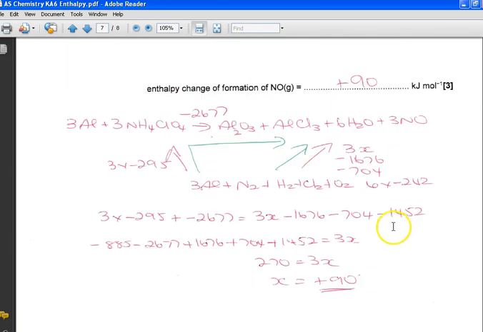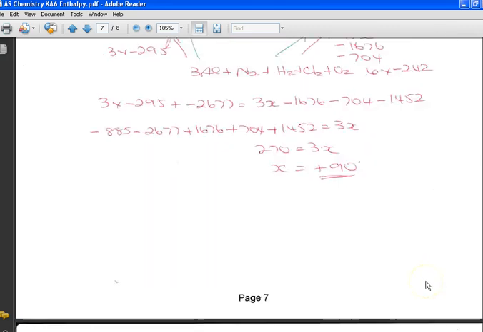But you're being asked for NO, and so this is three times the enthalpy change of formation, because there are 3 moles of NO. As long as you remember that, and you've got your Hess cycle the right way around, because it's formation data, write your calculation out, rearrange it for X, and there you go, plus 90.